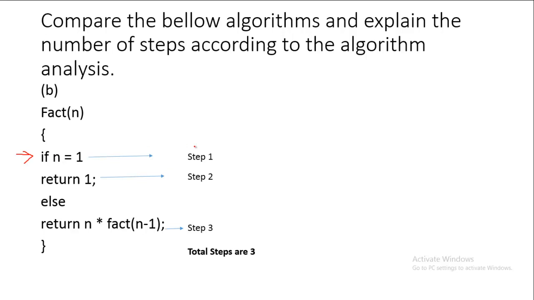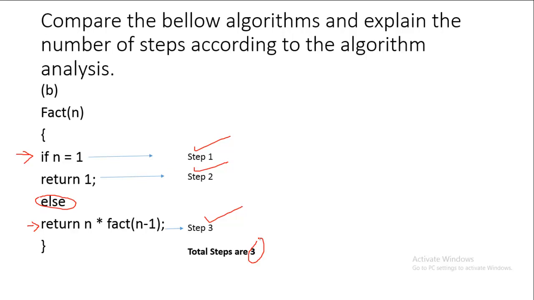If n equal to 1, it's step 1, return 1, step 2, and don't count the else as a step. You have to count what the else body does, that is return n multiplied by factorial of n minus 1. So the same algorithm also has 3 steps. So it means that both have 3 steps.